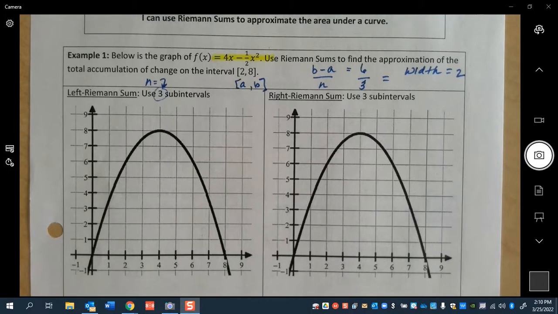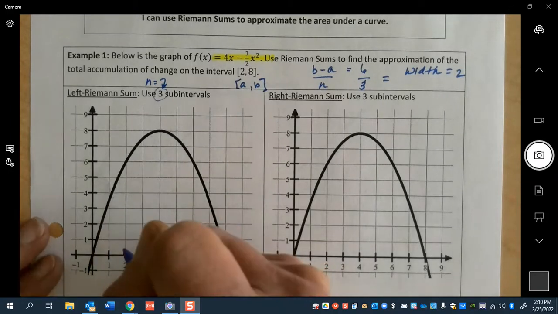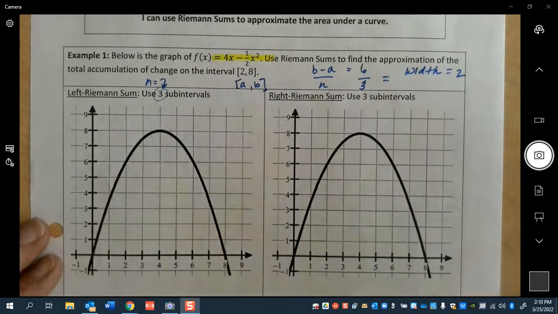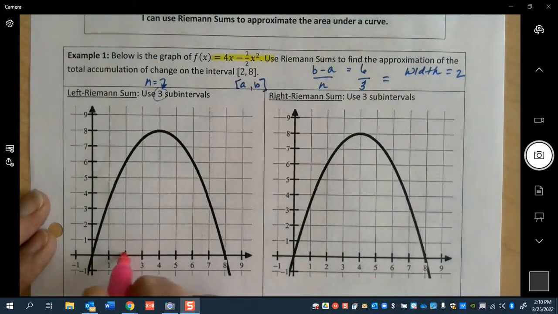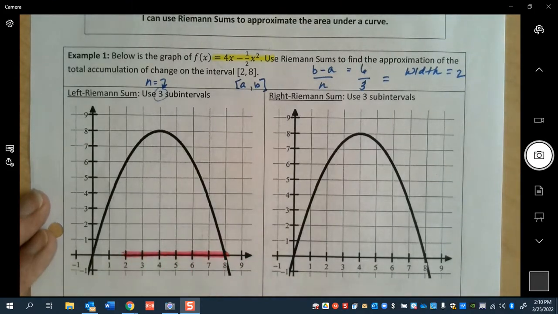Does that make sense? Yeah? So when I'm talking about my interval of 2 to 8, I'm just talking about approximating this area here. So 2 to 8 is what I'm going to do for each one.